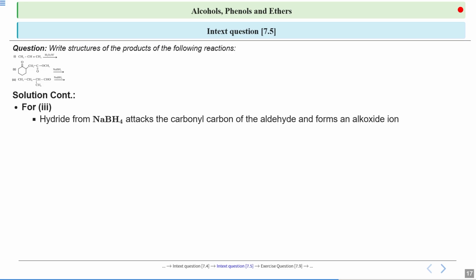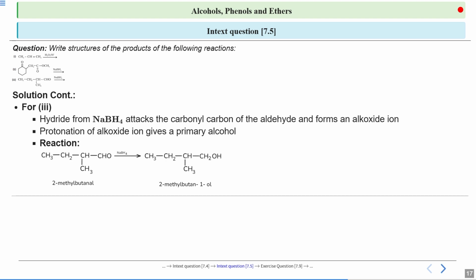CH3 CH2 CH CH3 CHO. CHO is an aldehyde, so C double bond O and H. That carbonyl carbon is going to be attacked by the hydride from sodium borohydride and gives us an alkoxide ion. Then that alkoxide ion undergoes protonation and you get a primary alcohol as the product.